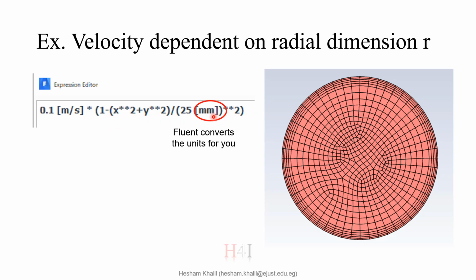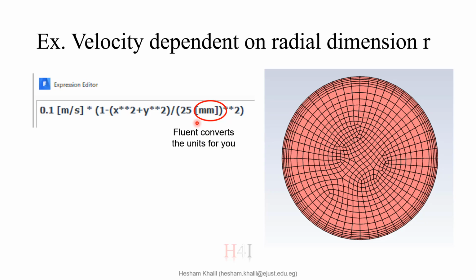I want you to notice that I've written R capital in the unit of millimeter. There is no problem if you use another unit as long as it is a length. This is a unit of length, so no problem. ANSYS will convert the unit for you. You can use millimeter, meter, centimeter, no problem. But you have to define a proper length dimension.